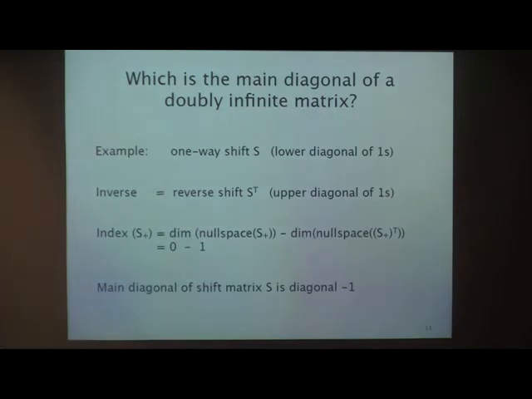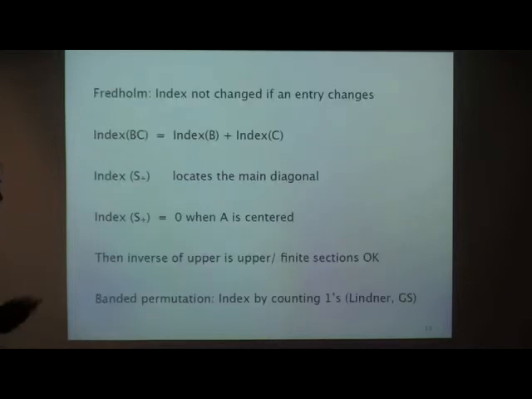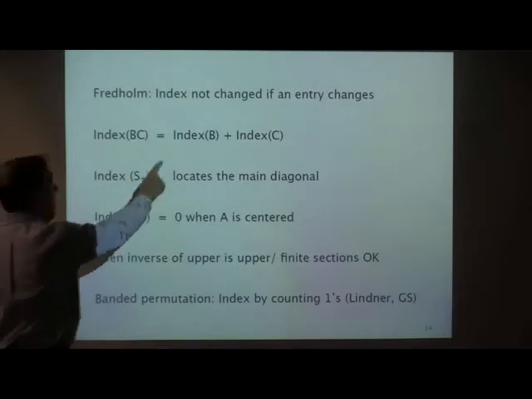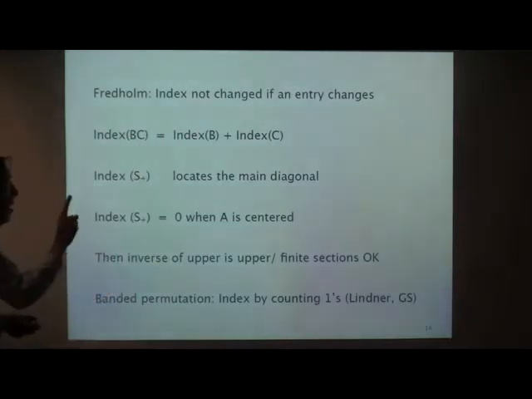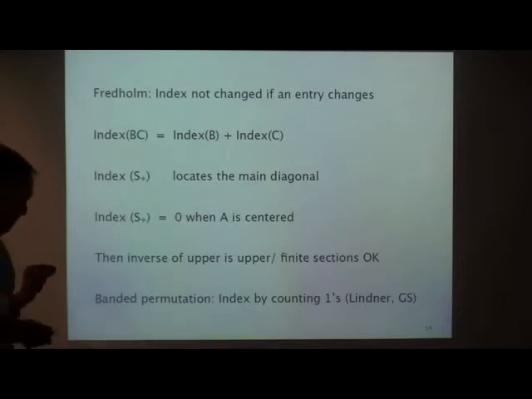And why is it the right thing? So that's an analysis question, and this has this great property that the index of a product is the sum of the indices. Good. So that index is a number.